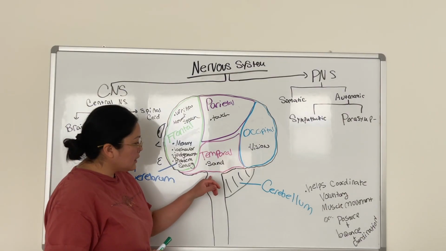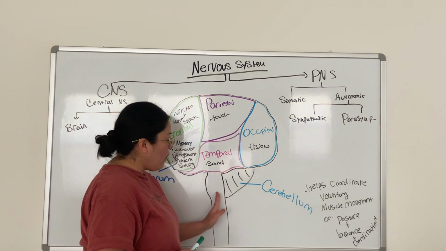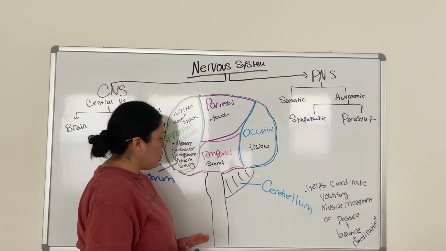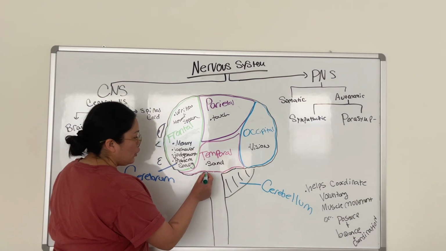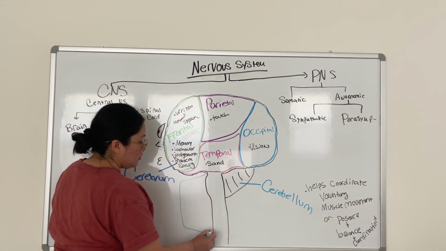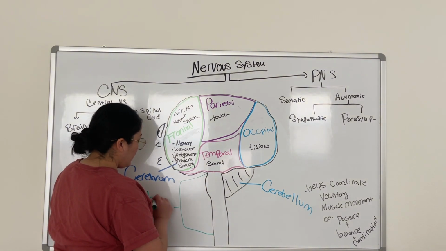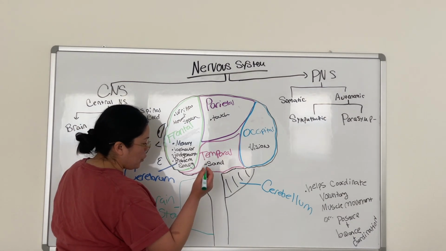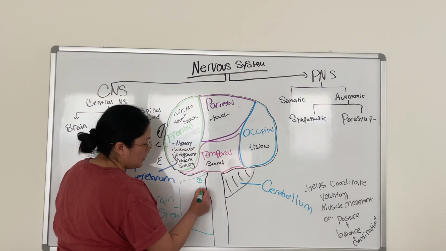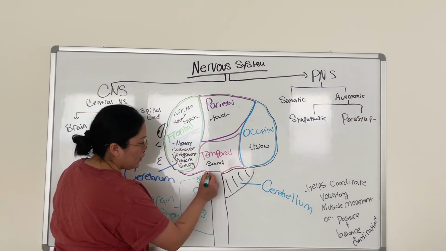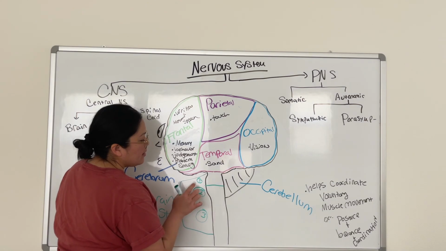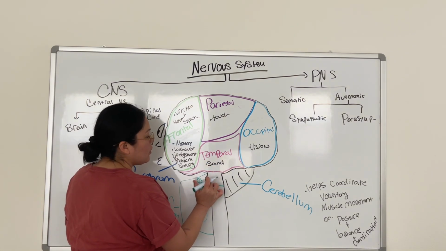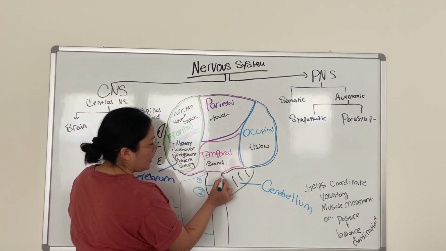So let's go over this little part here. Now, you might want to think this is your spinal cord, but this is actually your brain stem, this little part right here, okay? Your brain stem. And your brain stem includes 3 parts. All right, the first part up here, this part actually kind of goes in here, okay?